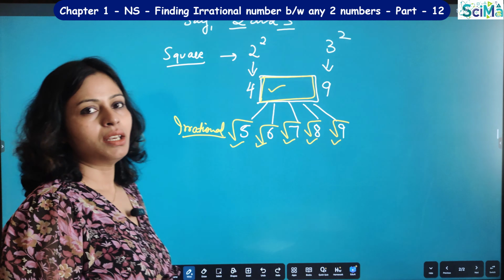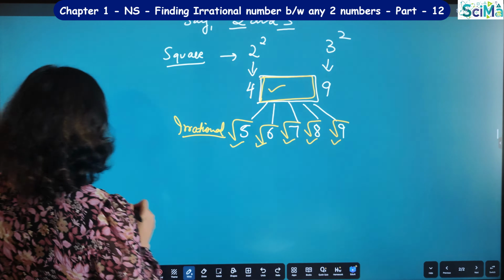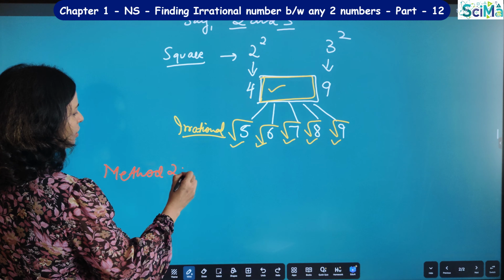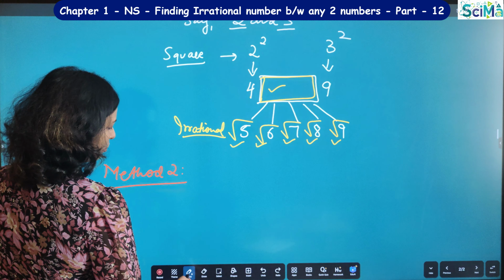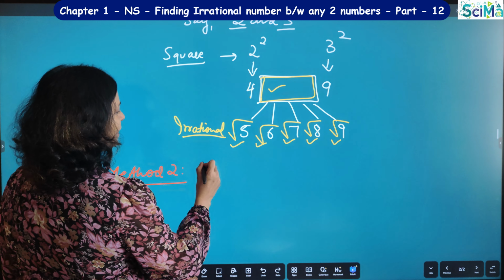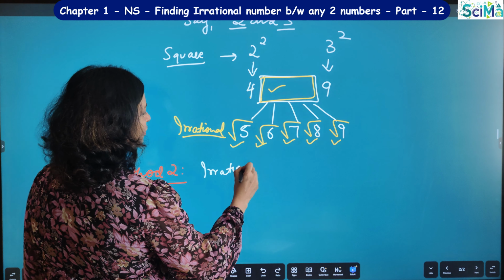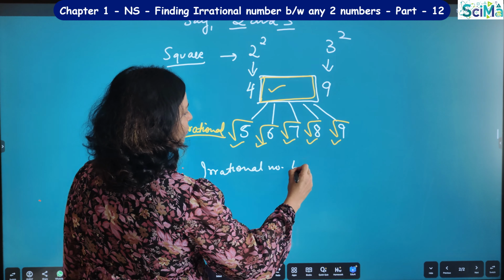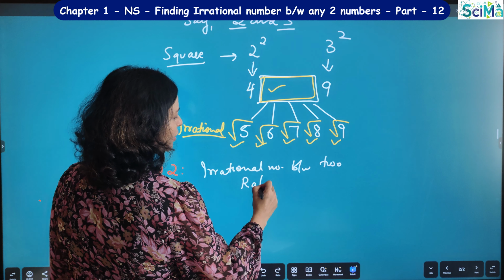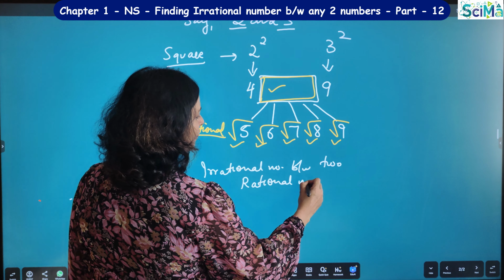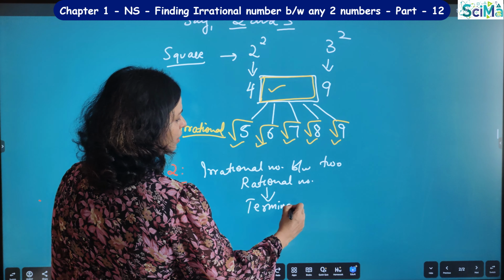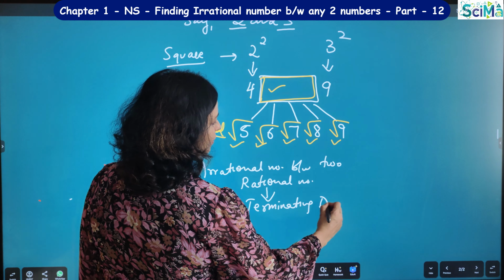Now coming to the second method. In method 2, we find an irrational number between two rational numbers. In the first method also the end numbers are rational, but here we will take terminating decimal expansions.